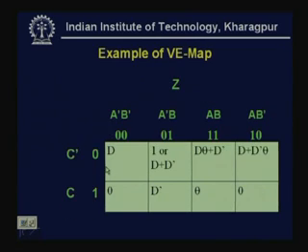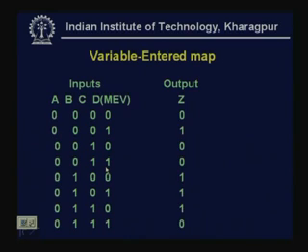Now actually this is my 4 variable function. If we draw the normal Karnaugh map, it should be a 16 cell, that means 4 by 4 table, 4 by 4 map.